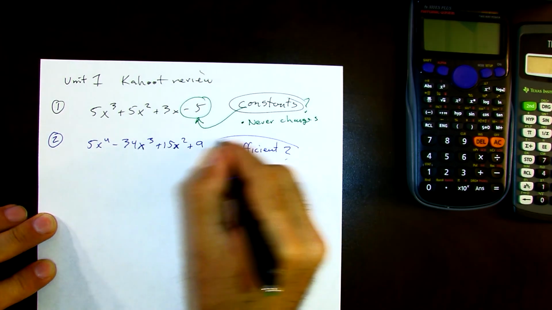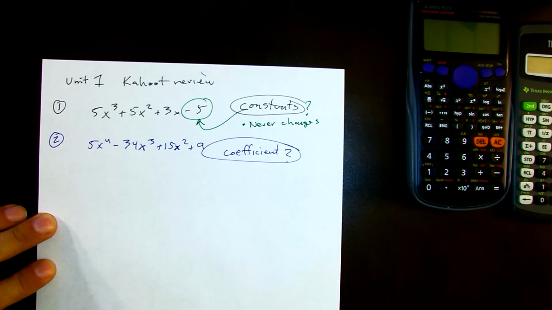We're looking for the coefficient in this expression. Look close. Remember that -34. It's -34, not just minus the term. The -34 is connected.